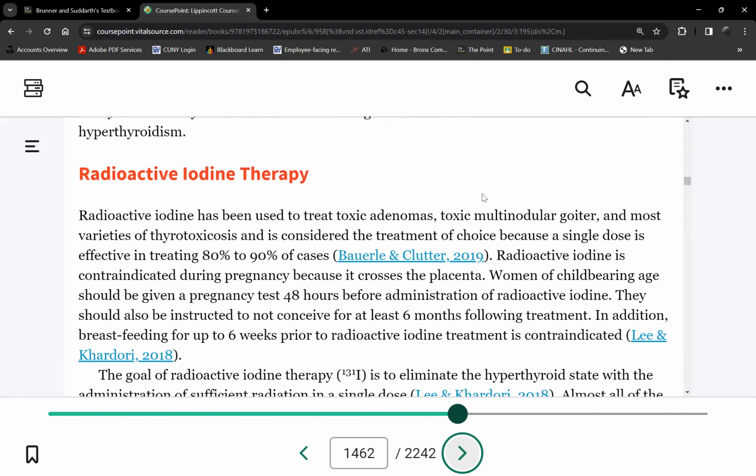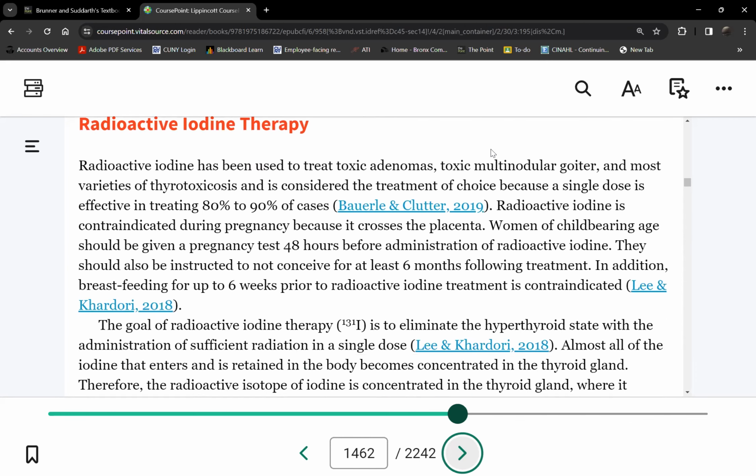There's an RAI 129, which is a slightly lower radiation, but that's only used for a thyroid scan, to diagnose thyroid cancer or hyperthyroidism. That's for testing, so it has a short half-life. RAI 131 has a longer half-life, so this is used for treating hyperthyroidism.